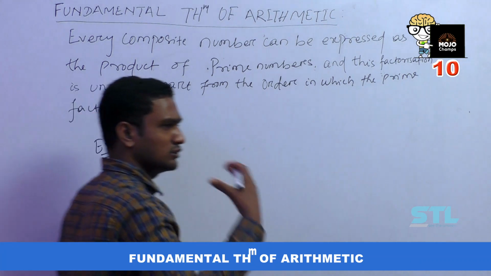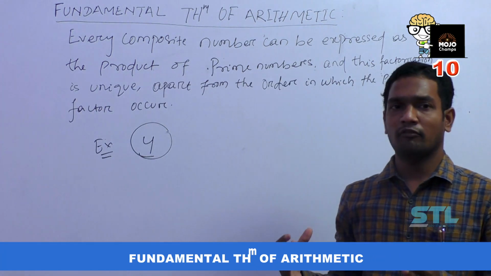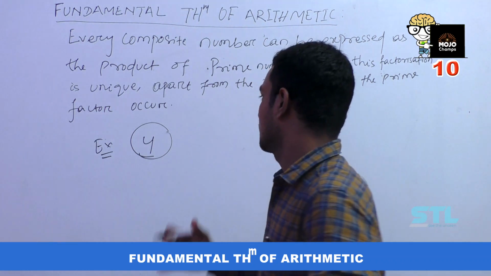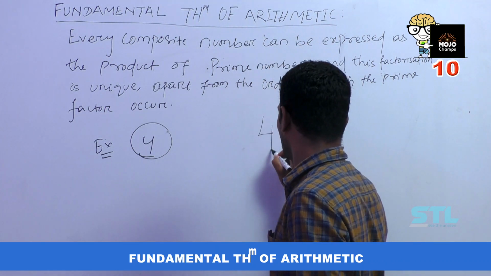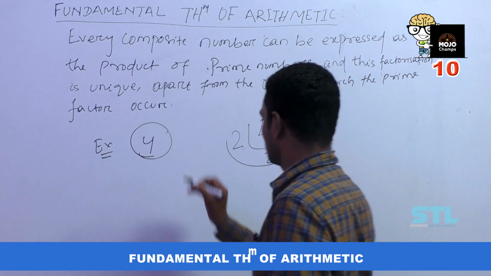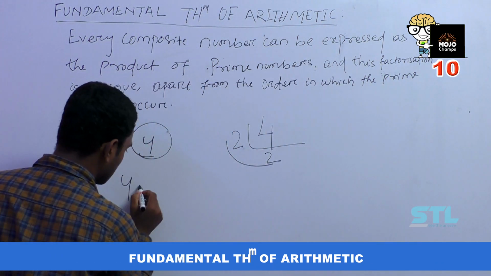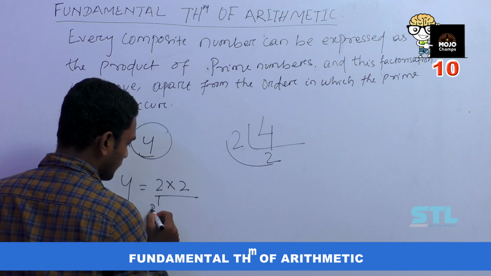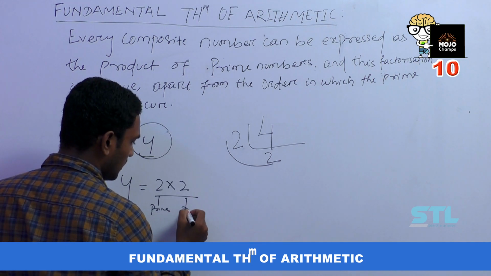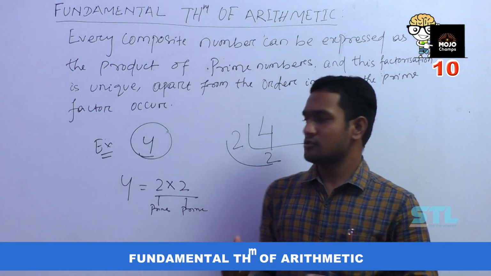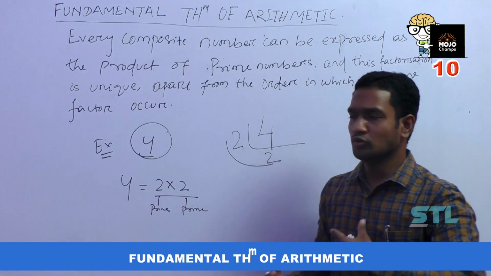Now I will express this 4 as the product of prime factors. When I do the factorization, all of you know that 2 twos are 4, so I can write 4 as 2 into 2. Now this is prime and this is prime.